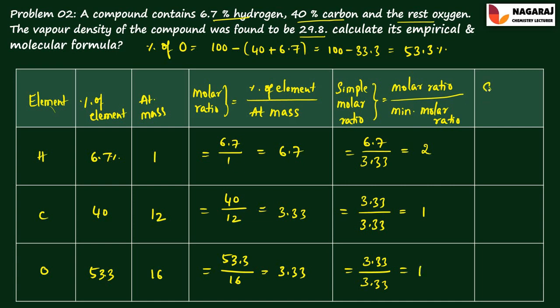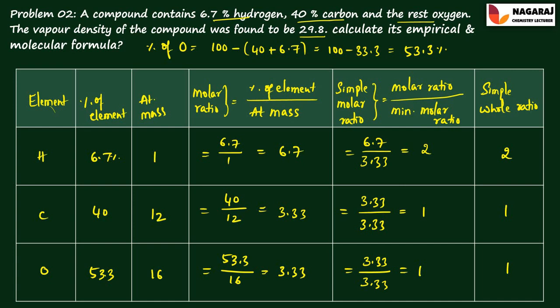Therefore, the simple whole number ratio is: for hydrogen 2, for carbon 1, and for oxygen 1.